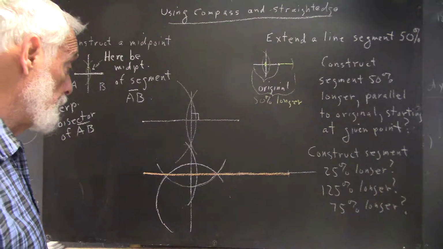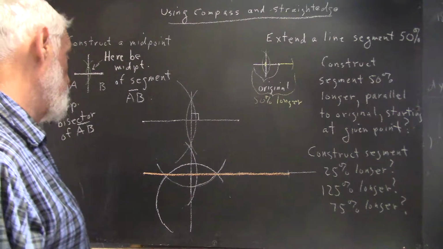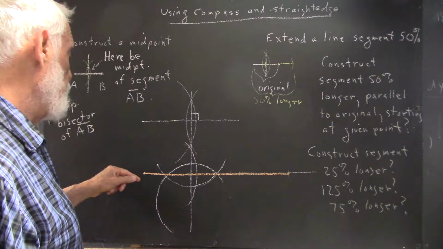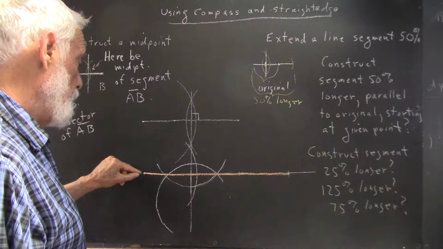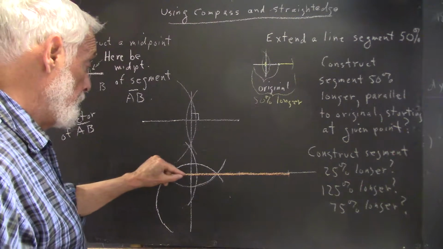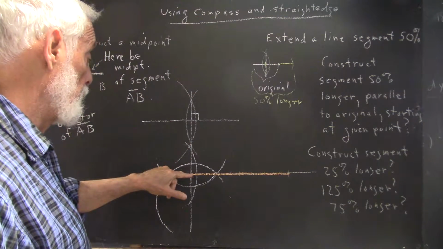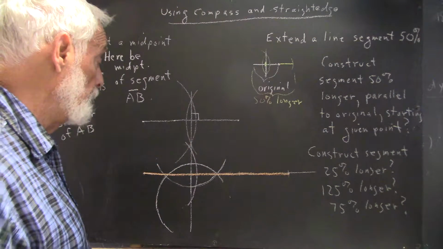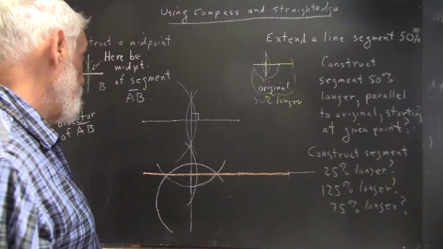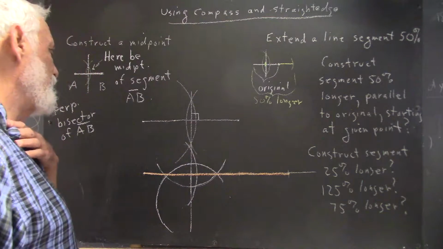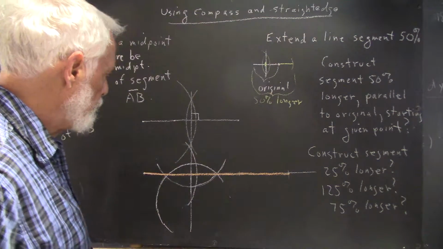Now, property of isosceles triangle that of course requires proof is that an altitude, in other words a line from the apex to the opposite side, which we could regard as the base, if this is going to be an altitude, has to be perpendicular and divides the triangle into 2 equal parts.